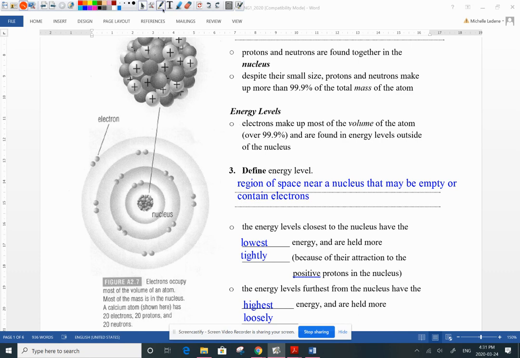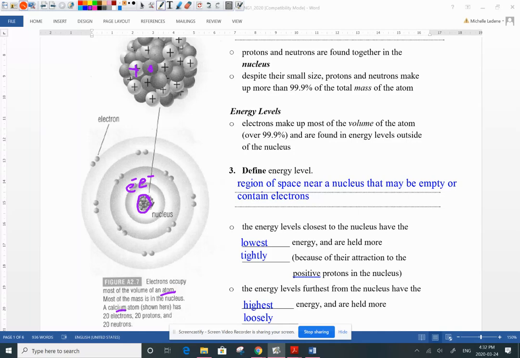So with our little diagram here, we see here's the nucleus, and we see the positives and the neutral particles, the neutrons. And then you notice these little dots, and these are the electrons, which are sometimes shown as dots. They're sometimes shown as e negatives. And you can see that this is an atom of calcium.